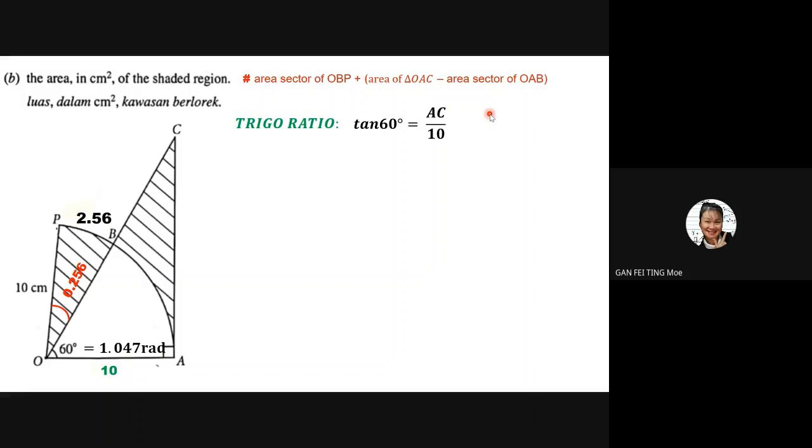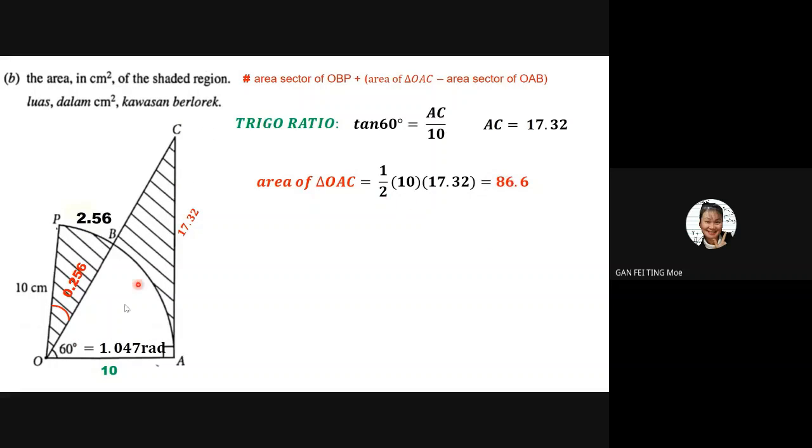Syarul, what's the height for AC? 17.32. Okay, 17.32. Okay, get the answer. So, bawa dia masuk ke rajah anda. So, from here dah complete. Then you can continue area of OAC. So, this is what you plan.